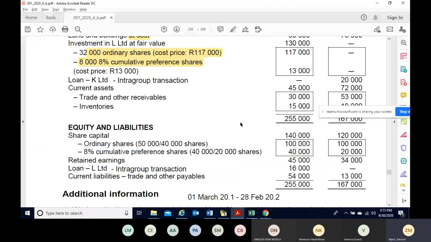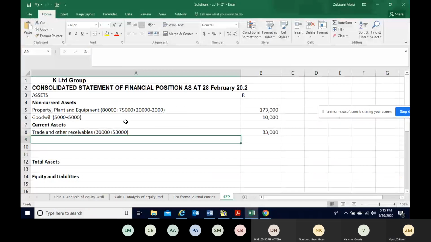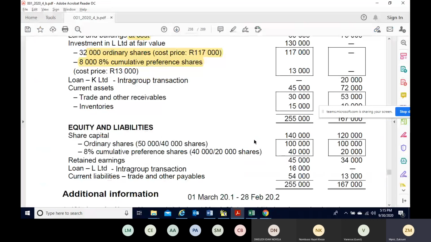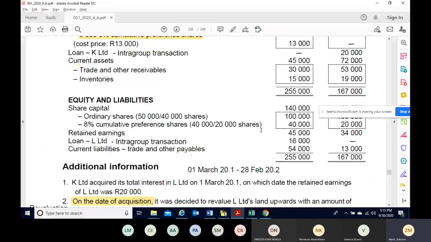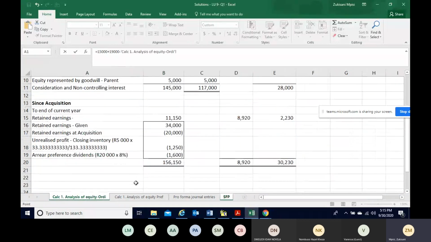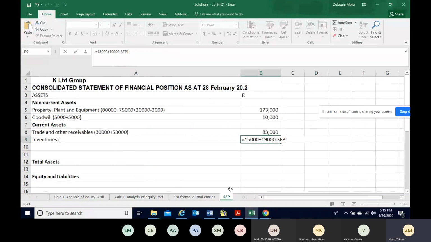We've got inventories. So inventories would be 15,000 plus 19,000. And now we have to take out the unrealized profit that we calculated earlier, which was 1,250.